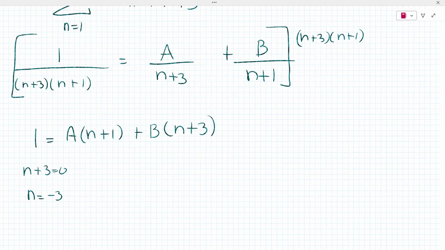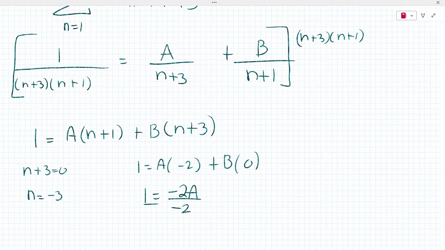And then if I plug in -3 into here, you're going to get 1 equals a times -3 plus 1, which is -2, plus b times -3 plus 3, which is 0. And you get 1 equals -2a. Solve for a by dividing both sides by -2, and I get a equals -1/2.